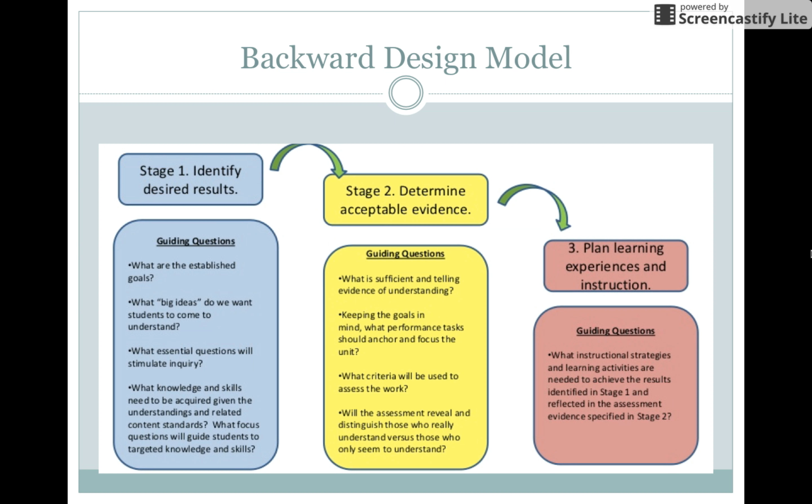Then we go on to the final stage, stage 3, and that is planning learning experiences and instruction. And this is your instructional strategies that you're going to be using in your classroom or in your online module that will guide the students and prepare them to take it to the assessment and then achieve their learning goals. So we start with the end and work back to the beginning.